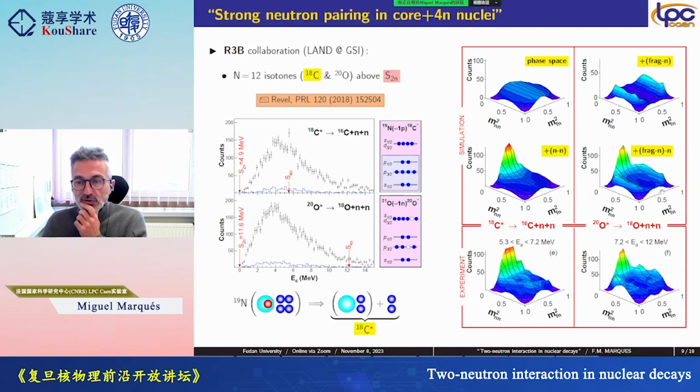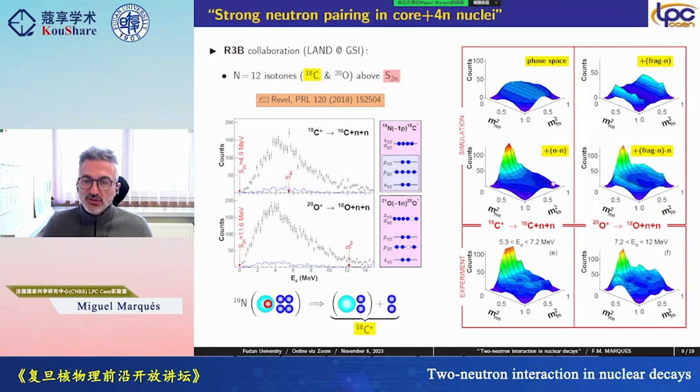And here you see the combination of both. So as we saw for helium-8 at GANIL, you can have sequential and direct. If you have direct, you will have this. If you have sequential, you will have this. And if you have both, you will have this signal at low neutron-neutron energy and some kind of croissant here.